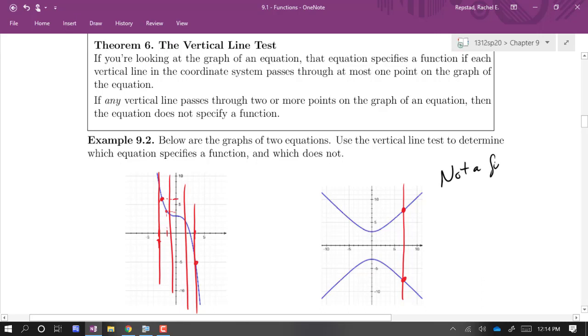In fact, every vertical line we draw will cross this graph twice. You only need that to happen once. There needs only be one spot where it fails the vertical line test in order for something to not be a function. In this case, we happen to see it failing all over the place. The graph on the left is a function.